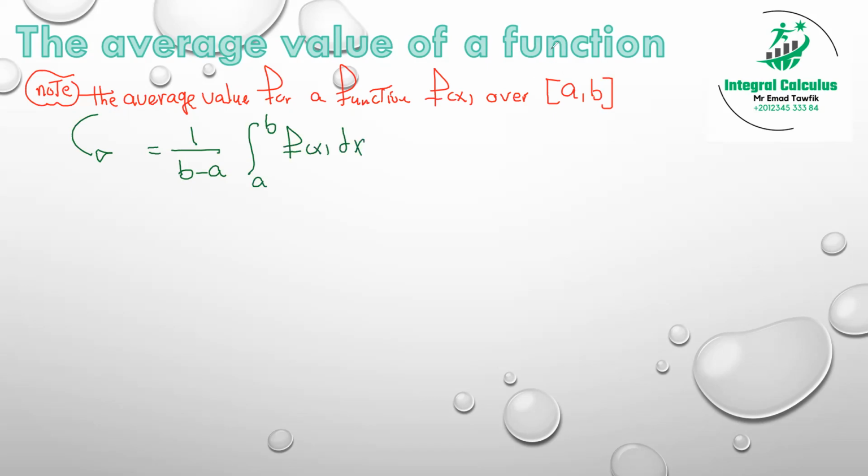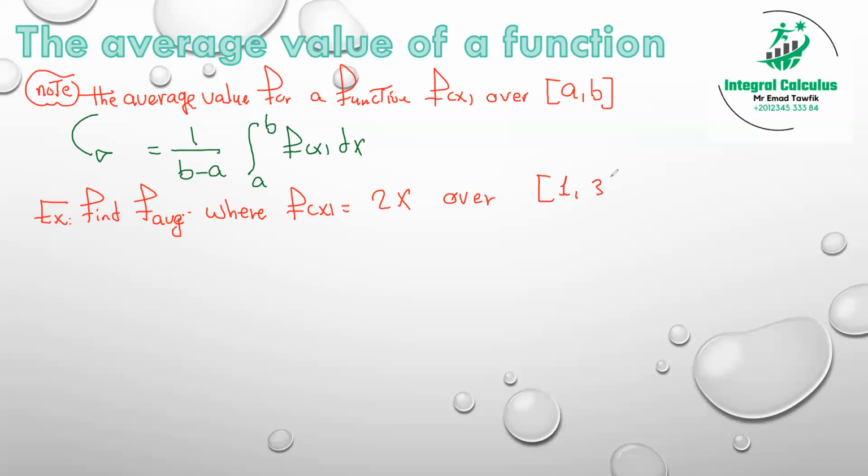Example on that. If I ask you here to find the average for this function, where f of x is equal to 2x, over the interval from 1 to 3.